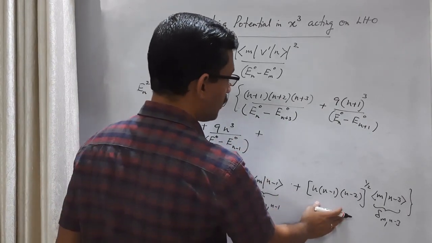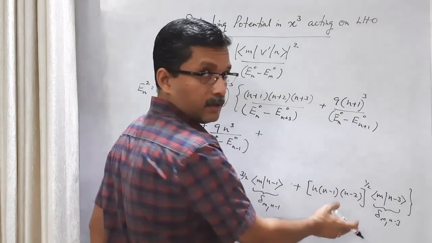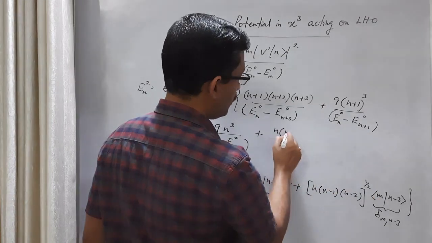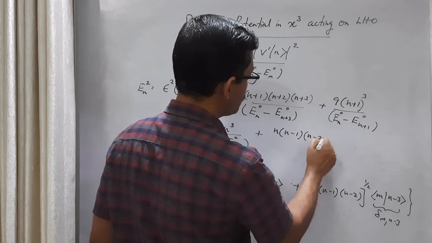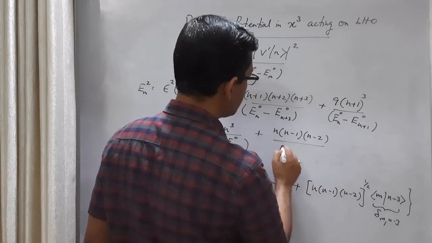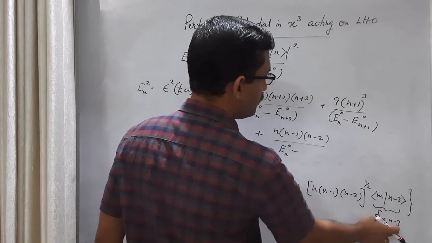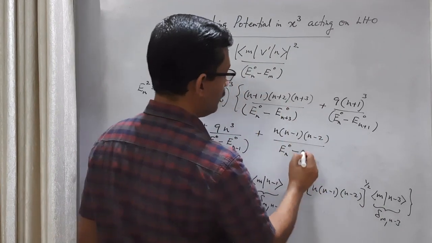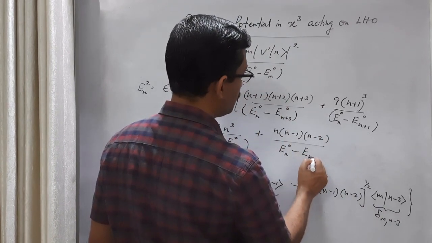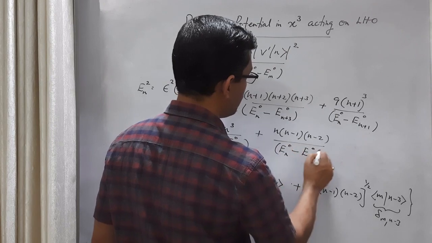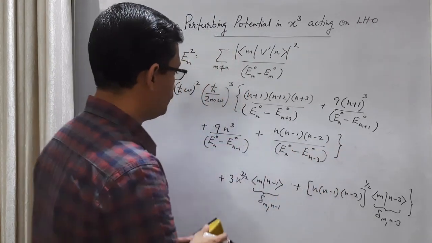Plus the last term, the square of this one: n into n minus 1 into n minus 2 divided by E_n^0 minus E_m^0, where here m should be equal to n minus 3. So in this series m should be equal to n minus 3.